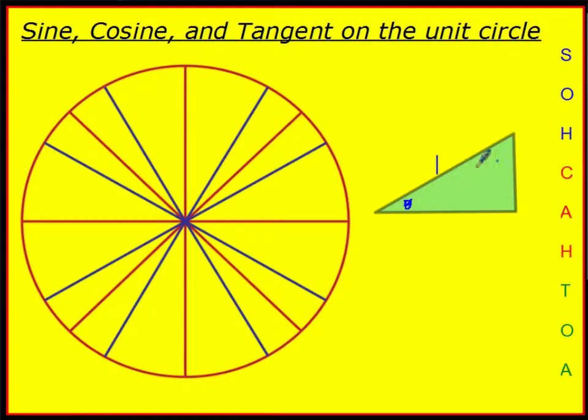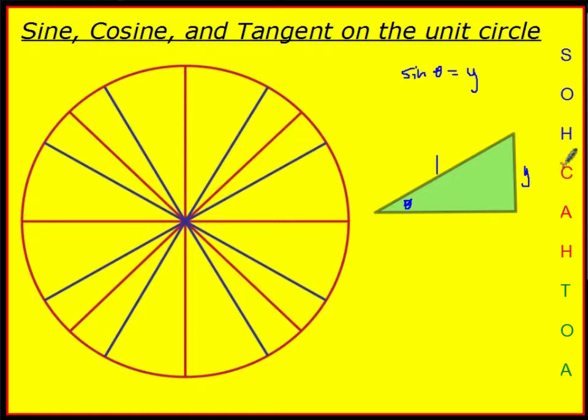The opposite happens to be the y value of this triangle. Hypotenuse is just 1, so opposite over hypotenuse is y over 1. Sine is simply y over 1, or y divided by 1 is just y.